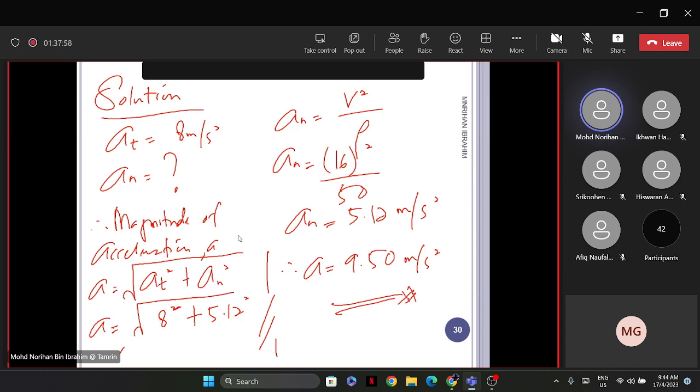Okay. So that is the magnitude of acceleration.